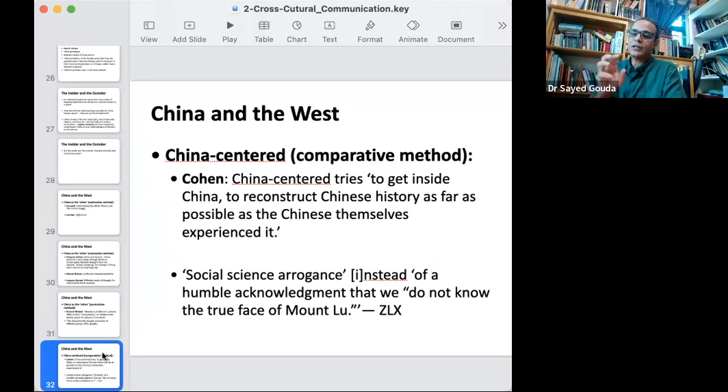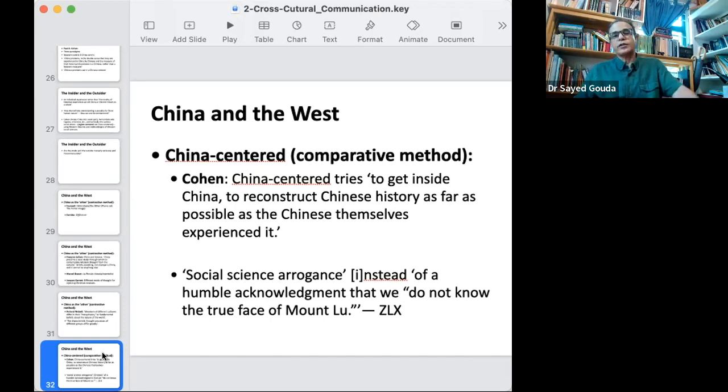And he said the China-centered approach tries to get inside China, meaning to understand Chinese history the way Chinese people understand it. Why? To reconstruct Chinese history as far as possible as the Chinese themselves experienced it. So from what he says, it's very clear that he's using comparative methods, not contrastive methods.